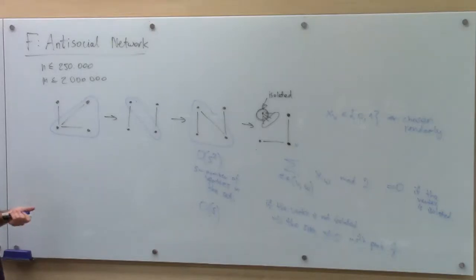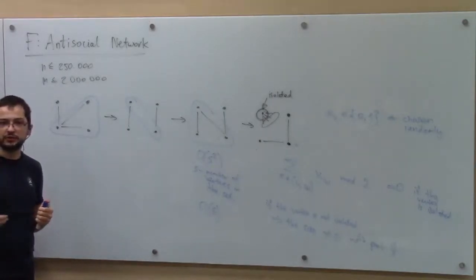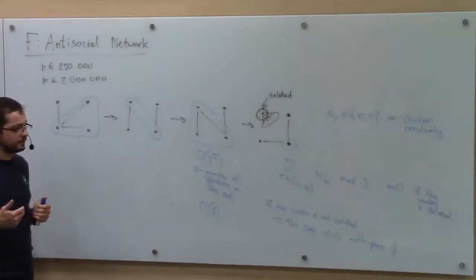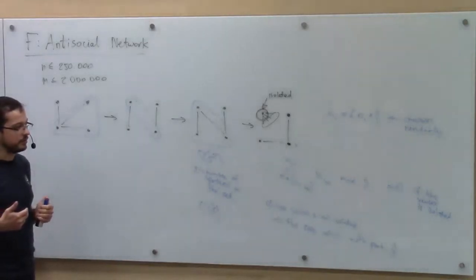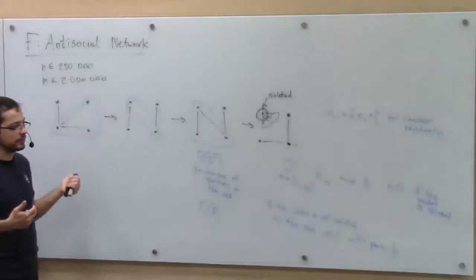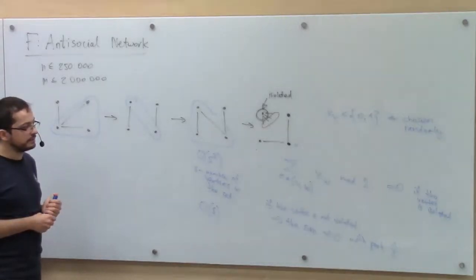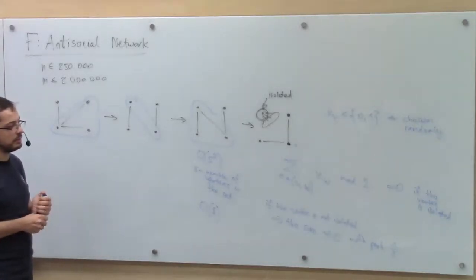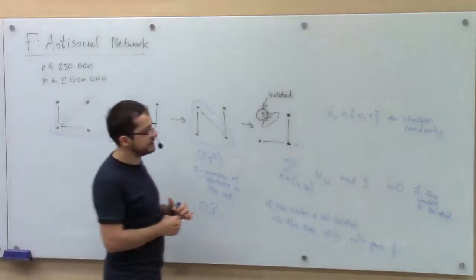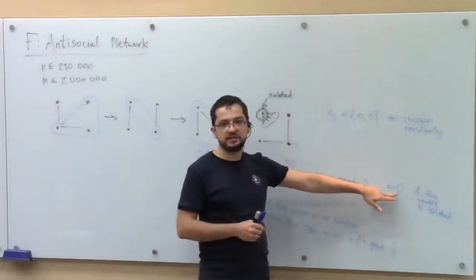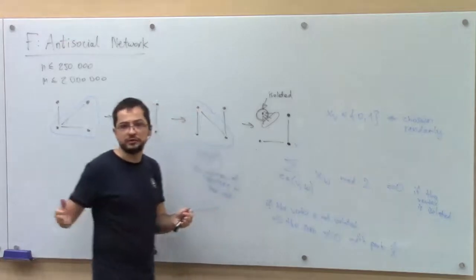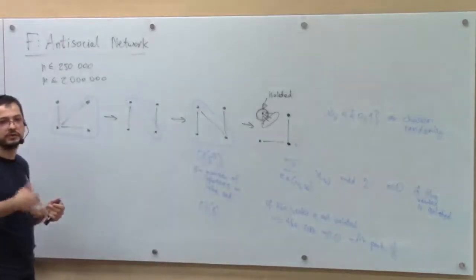So how can we reduce this probability? We will use the same trick as in the problem of couriers. We will repeat the same procedure several times for the graph, and then we will say the vertex is isolated if we get 0 in all of our procedures. So in all repetitions we get 0.